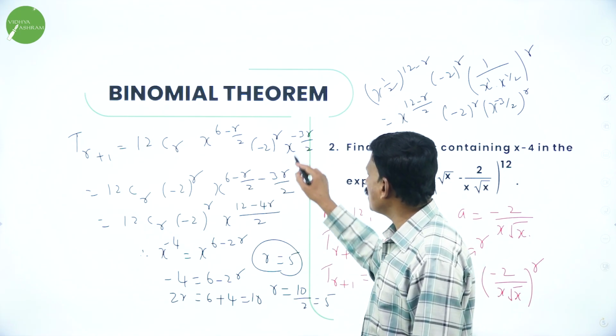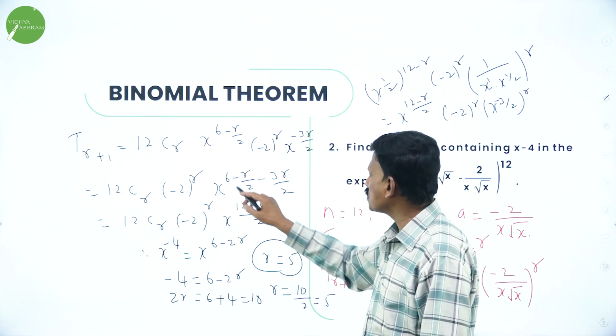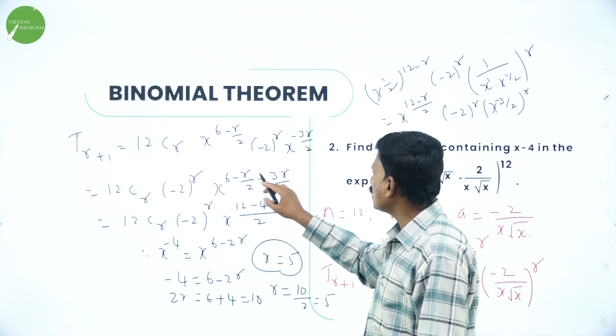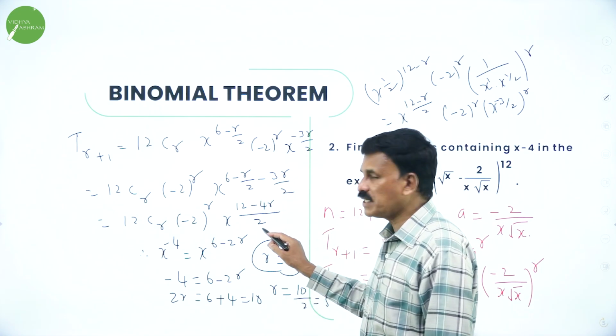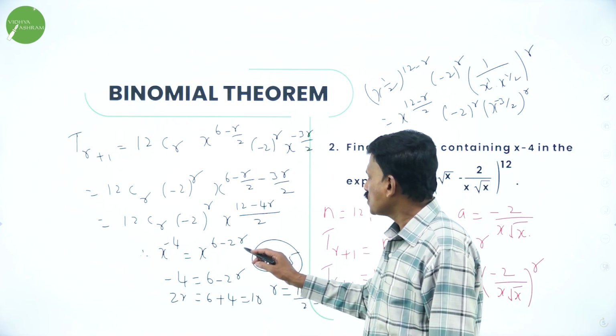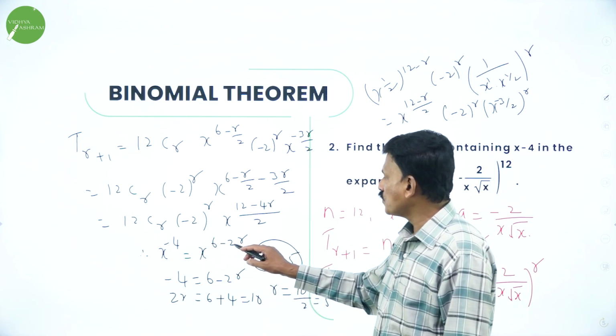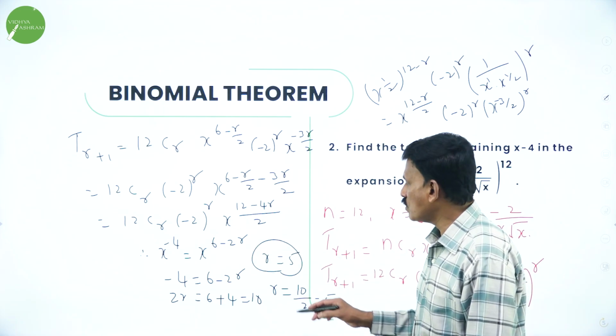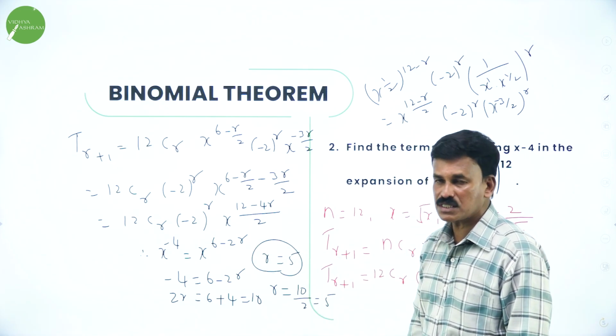So 6 minus r by 2 minus 3r by 2. Take LCM, 2 is the LCM: 6 twos are 12 minus 3r minus r is minus 4r. Divide term by term, 12 by 2 is 6, minus 4r by 2 is 2r. So equating x to the power of minus 4 to x to the power of 6 minus 2r, we will get the value of r is equal to 5.